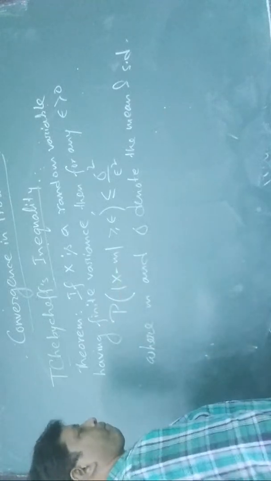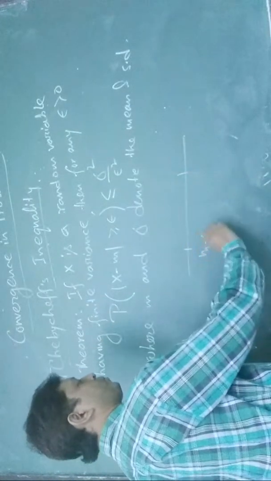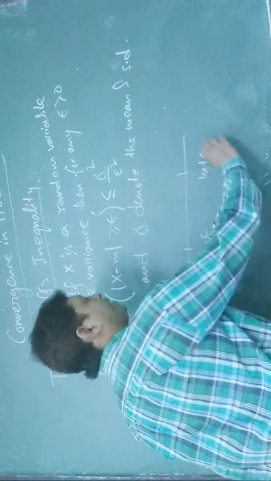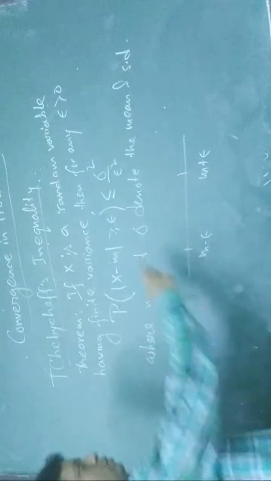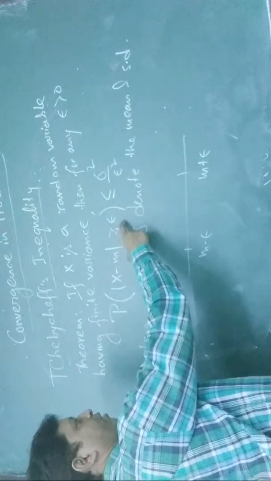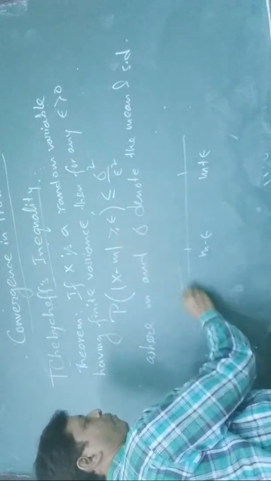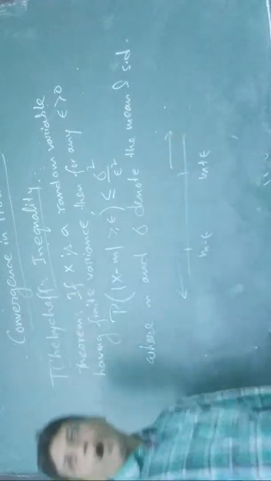So this inequality actually means, suppose this is an interval, this is m minus epsilon and m plus epsilon. So mod x minus m greater than or equal to epsilon means these two parts.